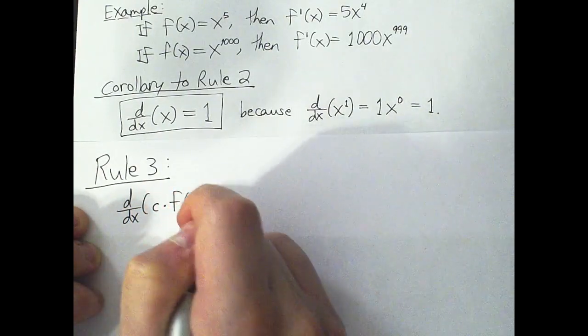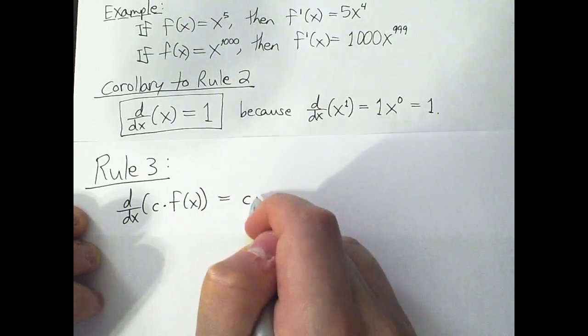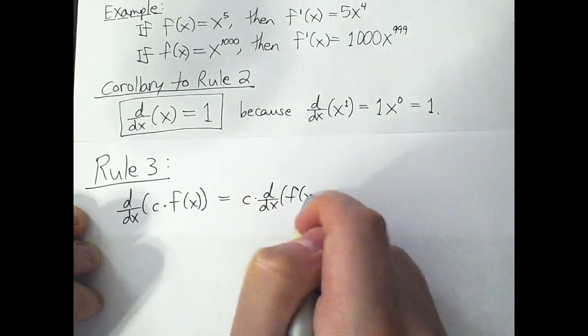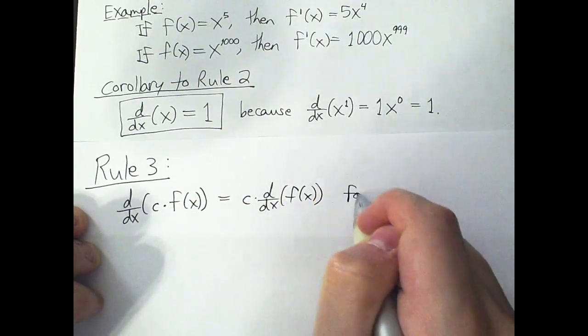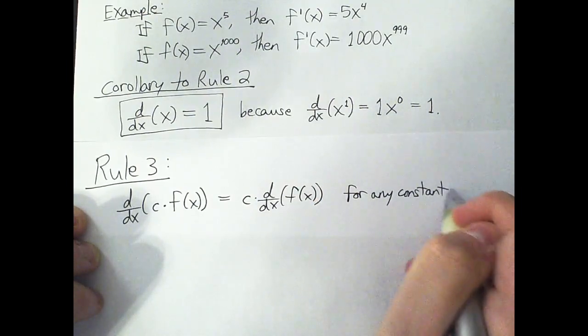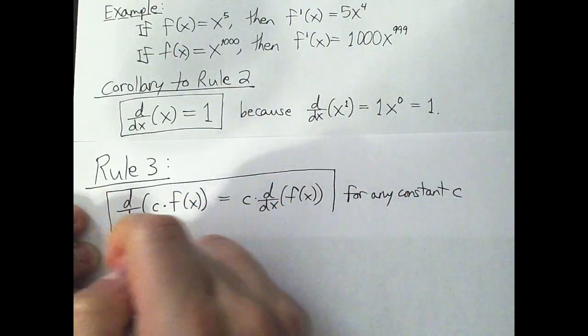The derivative of a constant times f of x equals the constant times the derivative of f of x, for any constant c. I'm going to put a big box around this, and then I'll give you a chance to look at it.